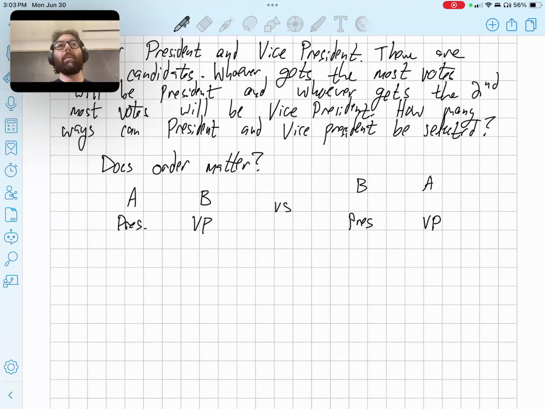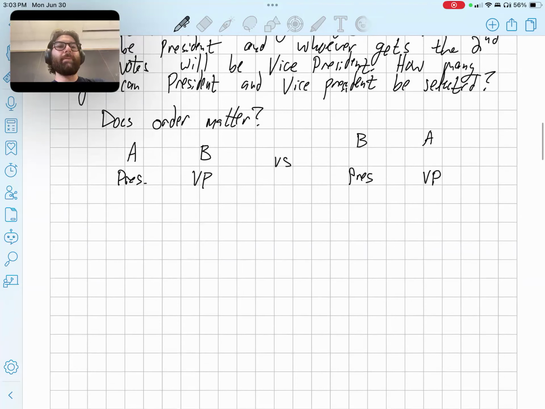If you were A, being president, that's the difference between you being president and you being vice president. I would imagine that makes a big difference to you. And so these are different outcomes. We're not just picking 2 people. We're picking 2 people and then saying one of you is president and one of you is vice president.